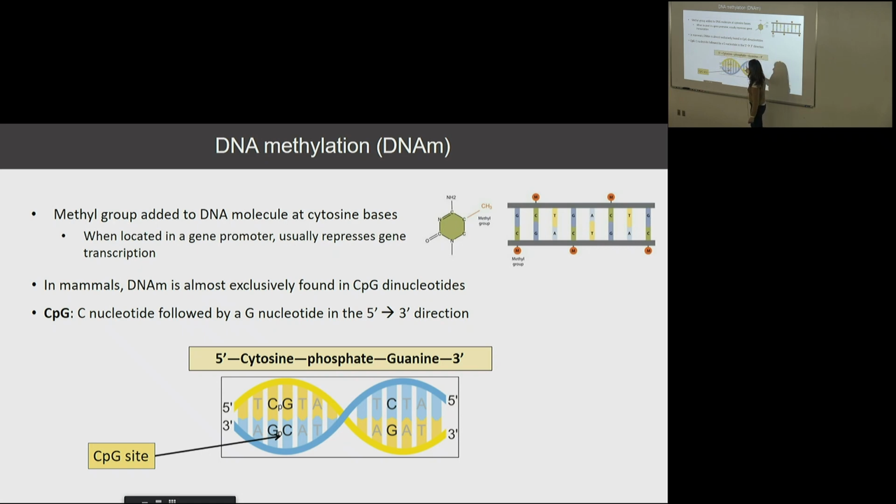But the point I want to make is that when I talk about a CpG site, I mean a C, a cytosine, then the phosphate backbone of the DNA, and then G, the guanine. So that's what we mean there. And these sites are where the methyl groups actually get attached in the DNA, and they tend to be in gene promoter regions.